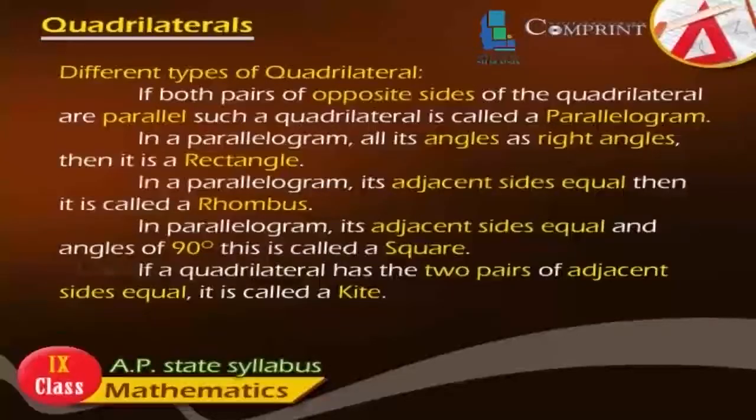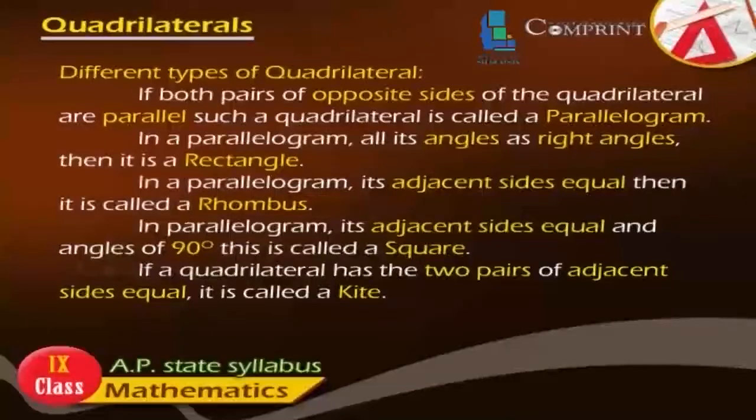If both pairs of opposite sides of the quadrilateral are parallel, such a quadrilateral is called a parallelogram. In a parallelogram, if all its angles are right angles, then it is a rectangle.